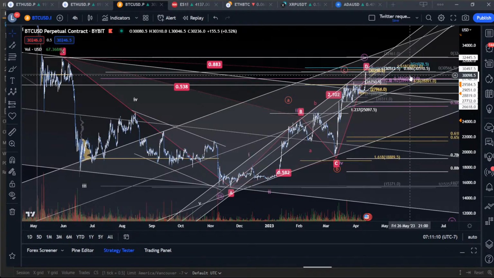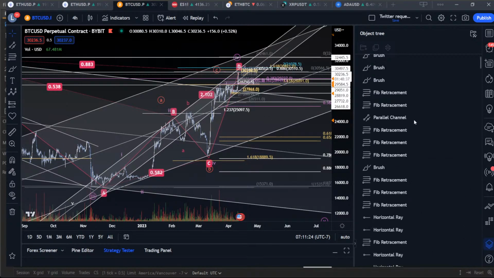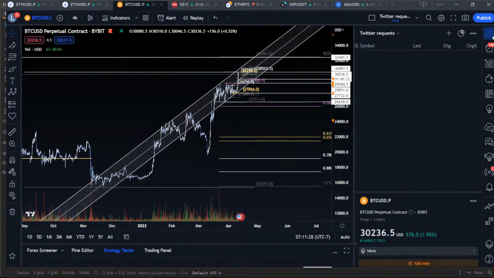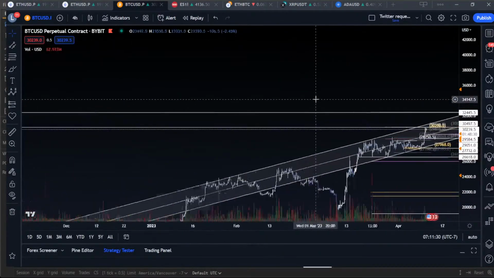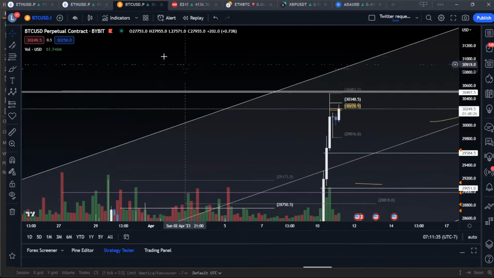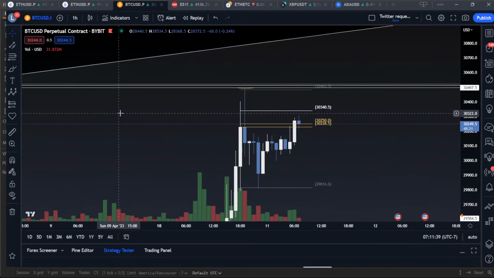I'm comfortable just pulling a ton of levels at once, understanding where I've pulled them all from, ignoring the ones that are irrelevant, and then I'll go back and clean up the chart before I share it. But you sort of have to be able to visualize many ideas at the same time when you're trying to project something like an Elliott wave count.